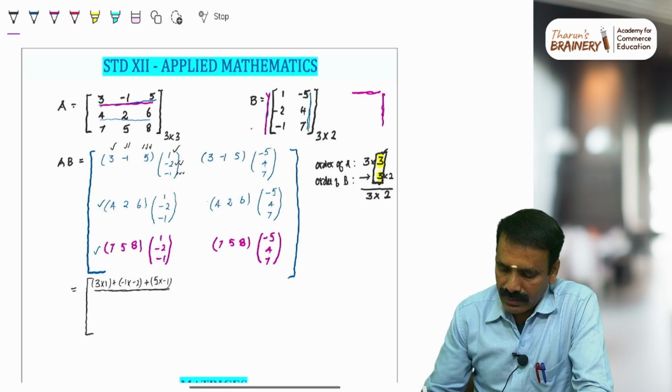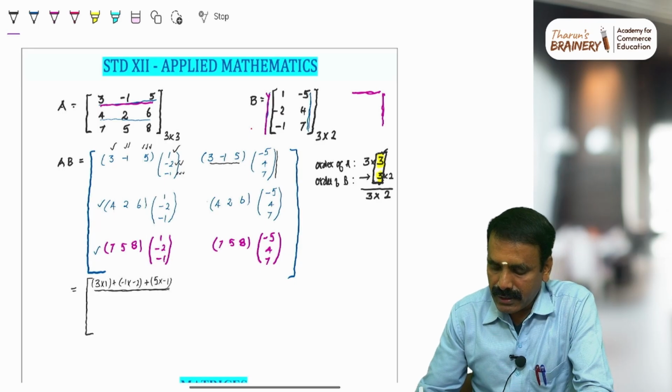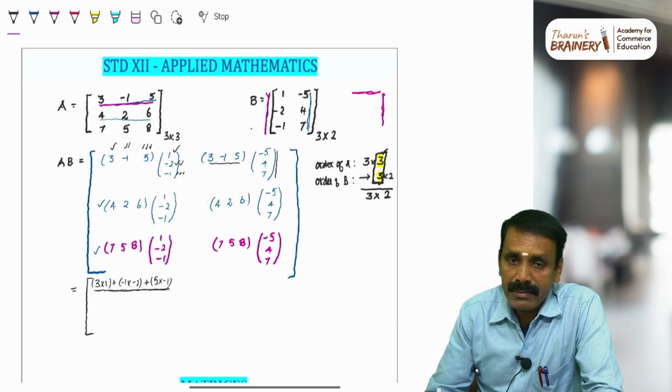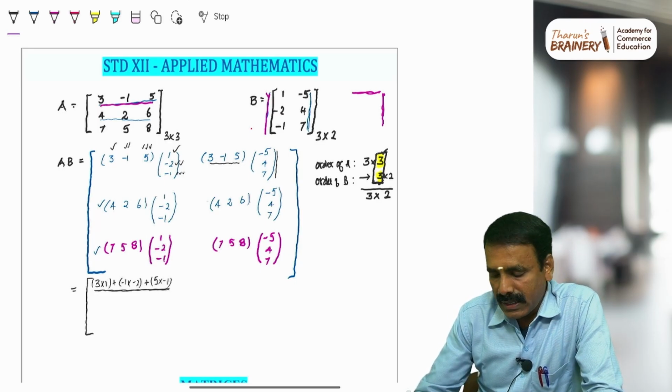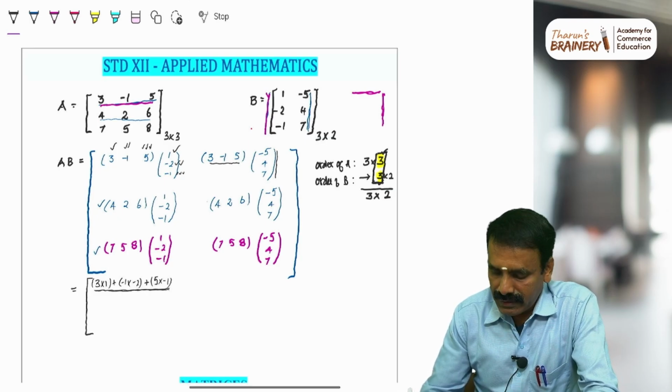Next one. This is the row element. This is going to be the column element. We have to multiply. You can very well see we are having 3 elements in horizontal way and 3 elements in the vertical form. Okay. How to perform? The same process. First element is multiplied with the first element.